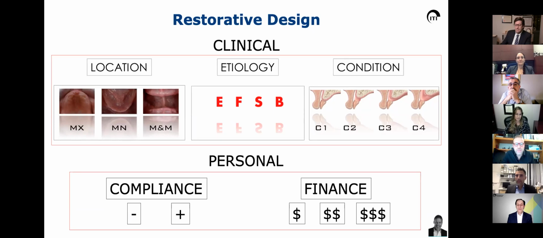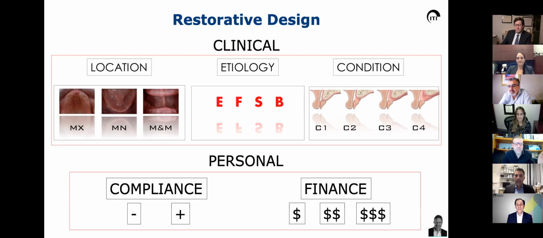Secondly, I think it's very important for us to assess the etiology, both what is causing the future edentulism or what has caused the edentulism. And I guess this relates essentially to the type of defect that we will have, just like Ed showed and Panos showed, which ultimately also has to somehow be linked with what we call the LTR condition, which means the correlation between the lifted tooth and the ridge.